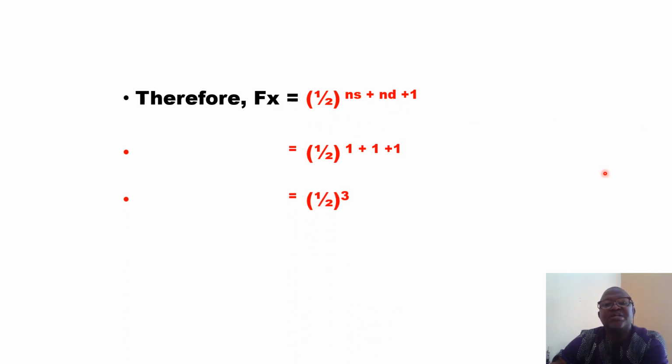So again, this will require only one gene path. So the formula will only run through one gene path. And there we have half raised to n: from the sire 1, from the dam 1, gene path plus 1. This is half raised to power 3, and that is 1 over 8, or 0.125.